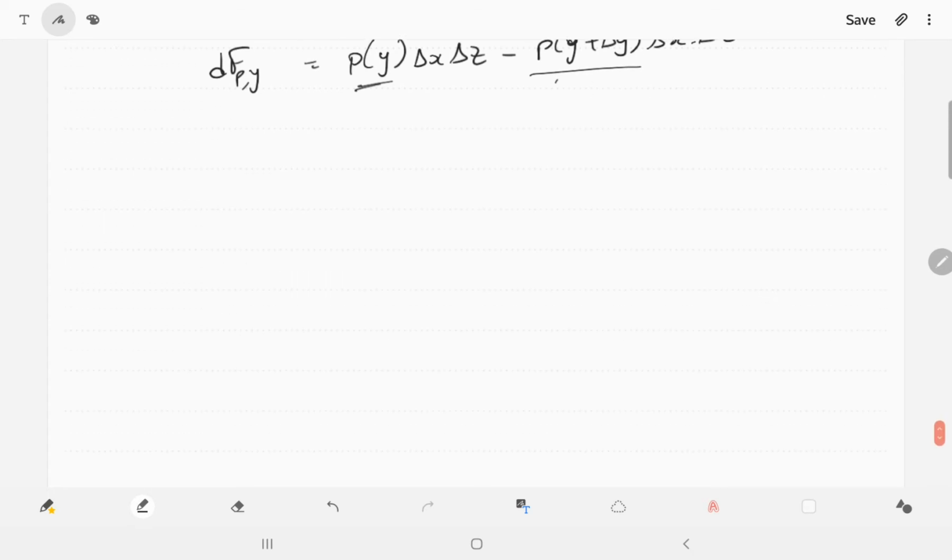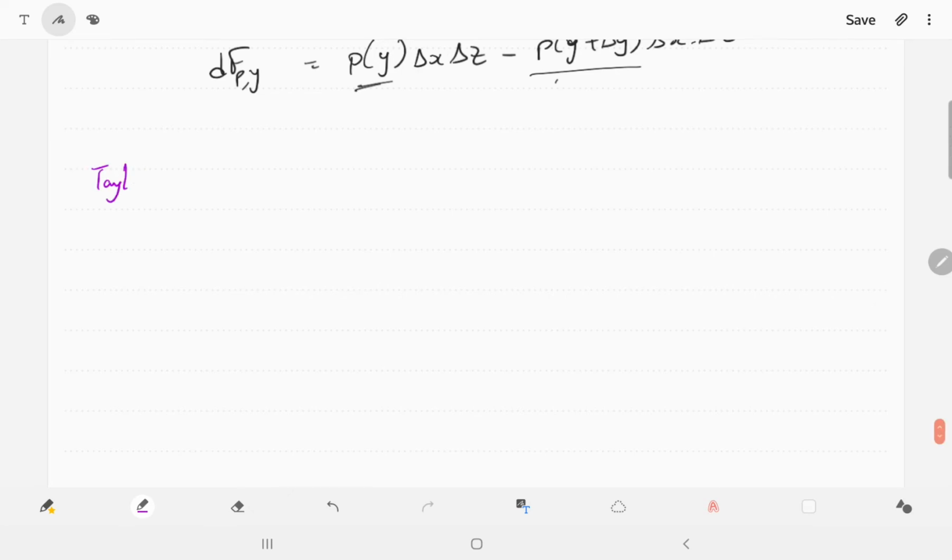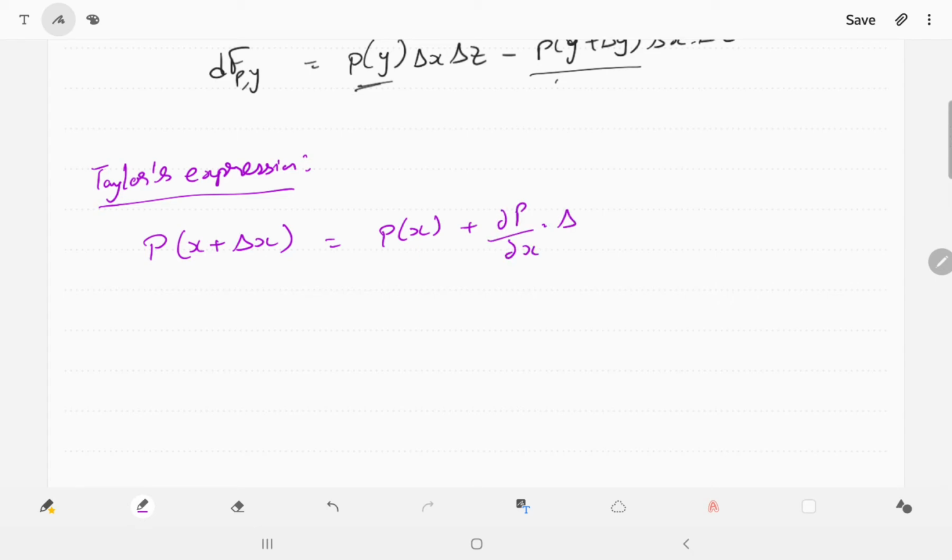But according to Taylor's expansion in differential equations, P of x plus delta x can be written as P of x plus dou p by dou x into del x, plus dou square p by dou x square times 1 by 2 into del x whole square, plus 1 by 6 of dou cube p by dou x cube into del x whole cube, and so on.